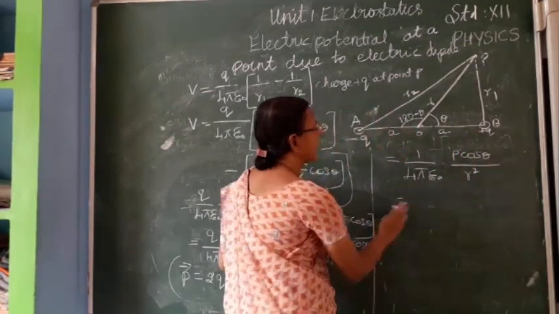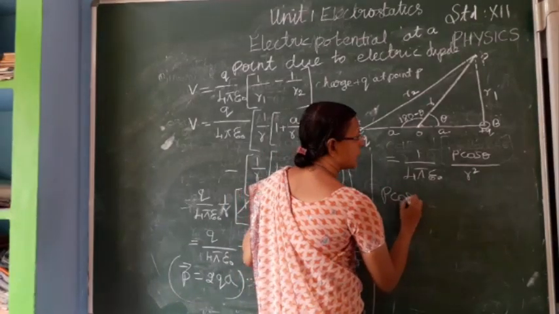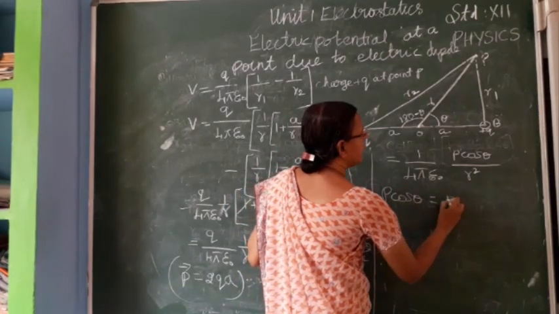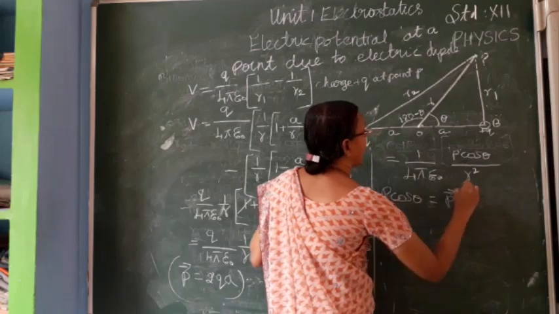What is P cos theta? P cos theta is equal to P vector dot r cap.